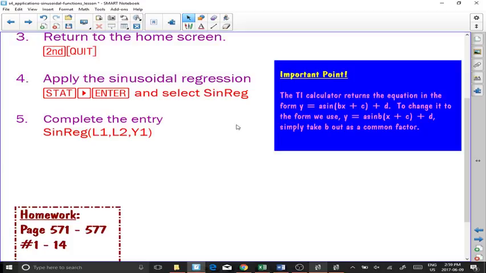So your c value will change when you do that. If you're graphing your equation, it might be useful to take out that b value as a common factor so you can have the proper c value, which will tell you how far to move it left or right, because you don't have that proper c value with the equation that the graphing calculator spits out at you.